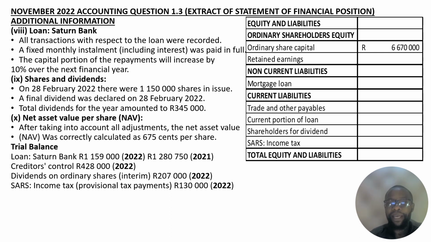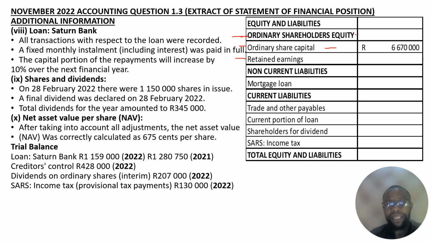So we are here on ordinary share equity. We want to calculate this ordinary share equity, and we've already been given ordinary share capital. So now we are left with the retained earnings, and when we are looking at the trial balance, for the retained earnings there is a question mark. What does that mean?